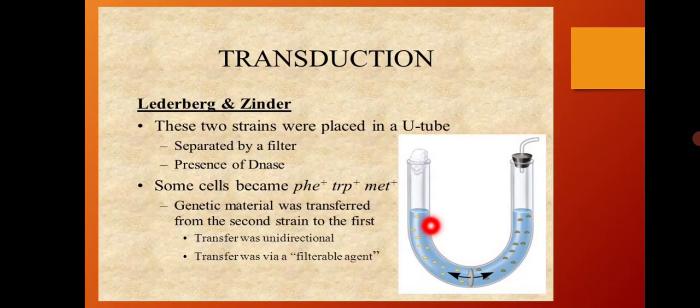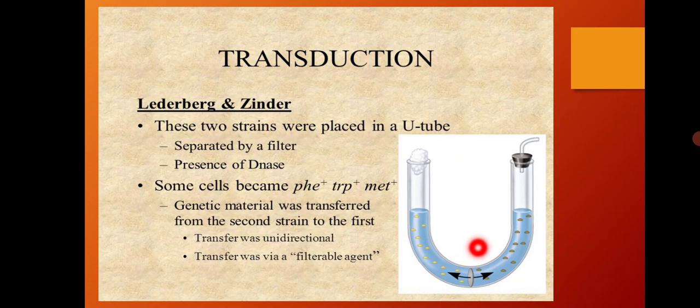This is the U-shaped tube, and he placed one strain in one arm of the tube and the other strain in the other arm, and it was closed with a cotton plug. Pressure and suction was applied so that the movement would be back and forth. These two arms were separated by a filter.